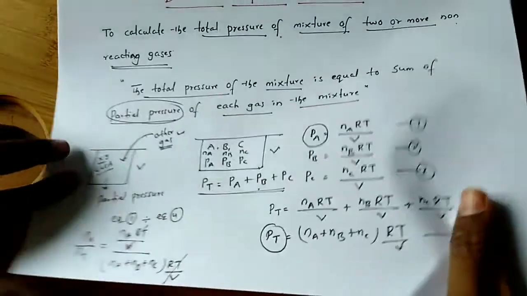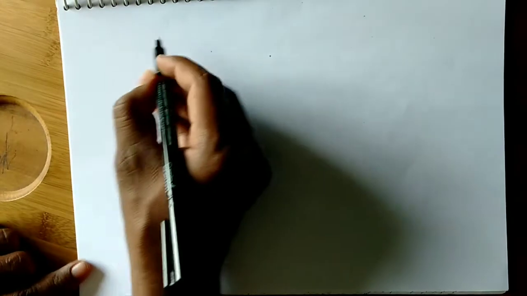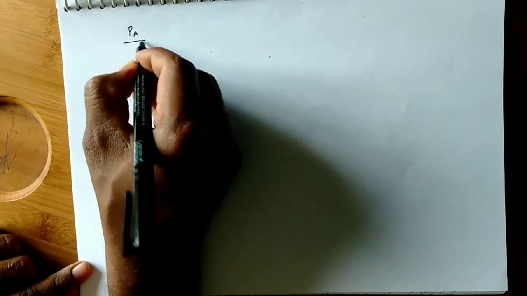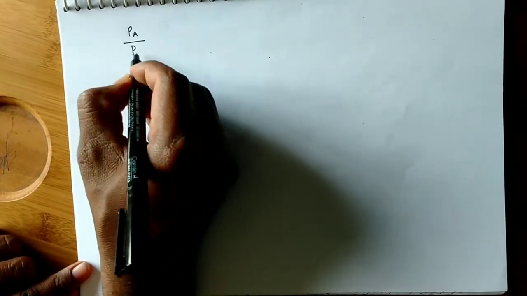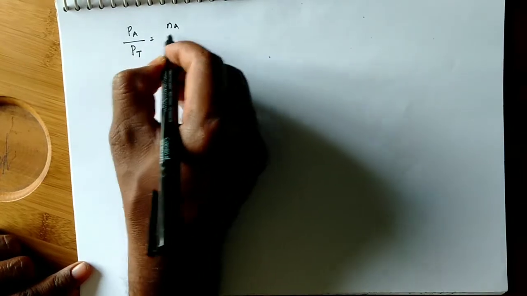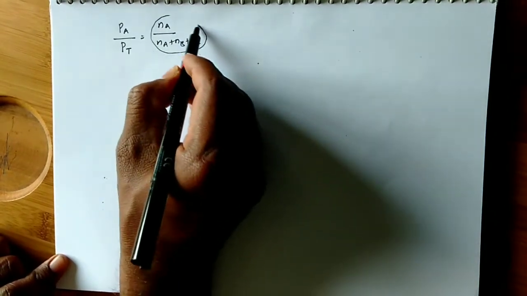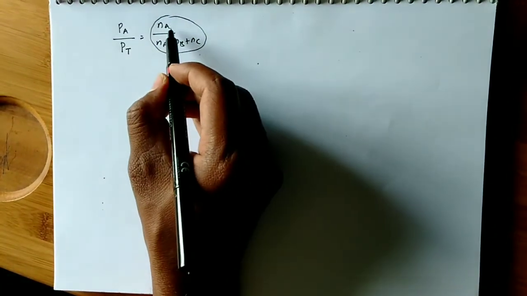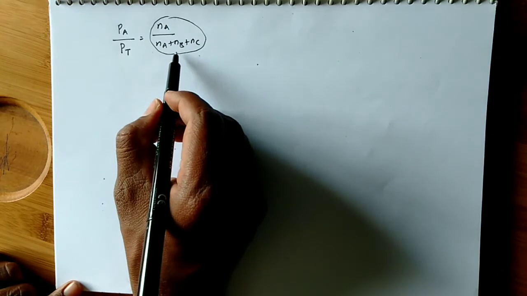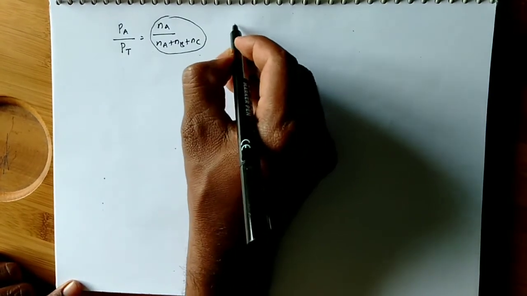Now PA, partial pressure of A by total pressure, equals Na by (Na plus Nb plus Nc). What is this term? It indicates the number of moles of one component to the total number of moles. What is this? Mole fraction.